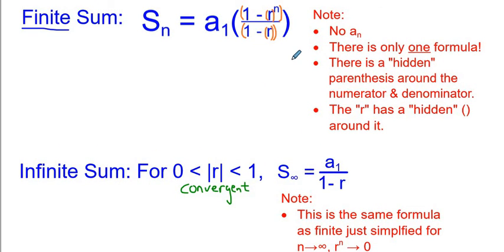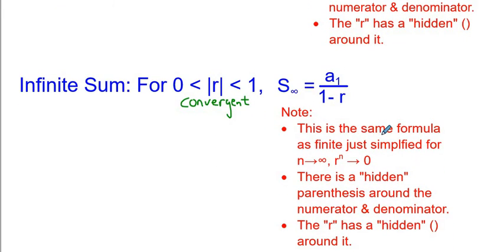But what's happened is that in a convergent sequence, this part will go to 0, leaving you with 1 over 1 minus r, and 1 times A1 is this formula. So they're actually the same formula with one term eliminated. We'll talk more about why that goes to 0 when we look at problems that involve the infinite sum.